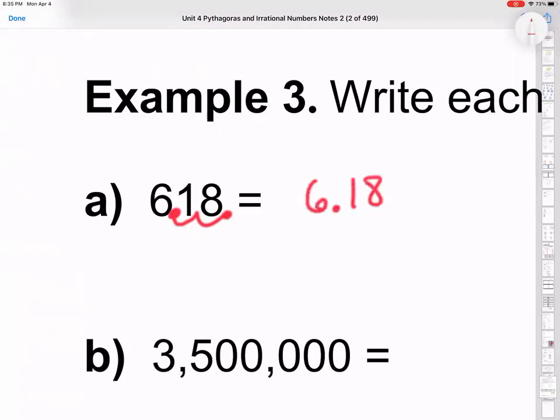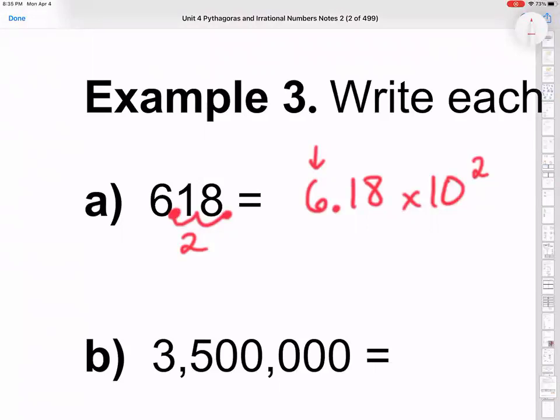And now I end up with 6.18. And I notice my number is in between 1 and 10. That's great, I needed that. And then following those steps, I have my times 10 to get it in scientific notation. And again, we moved that decimal over 2 places, so that's why my exponent is 2. Next, I would check, is it a positive 2 or a negative 2?